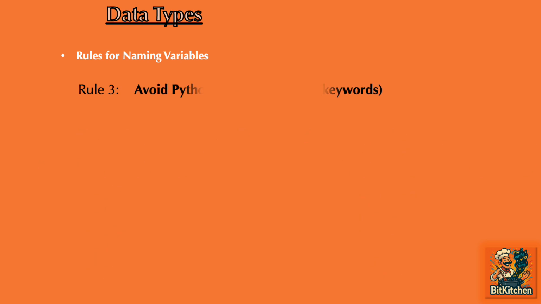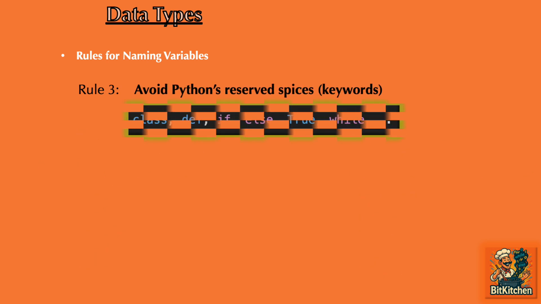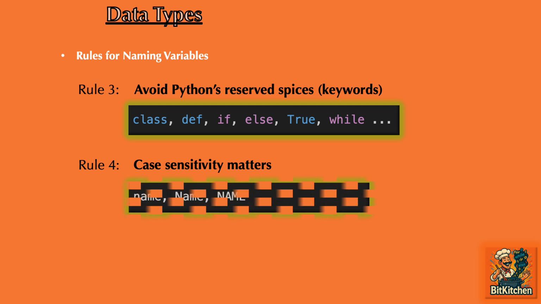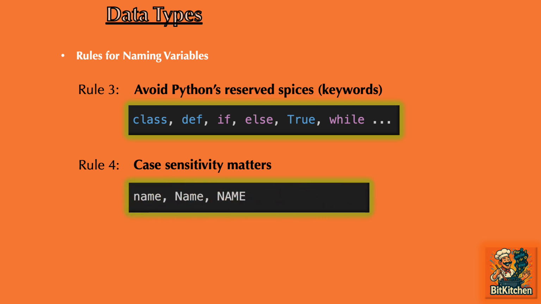Rule 3, avoid Python's secret keywords like class, if, else, True, and while. Rule 4, Python is picky about capitalization. name with small letters, Name with N as a capital letter, and NAME with capital letters are all different.